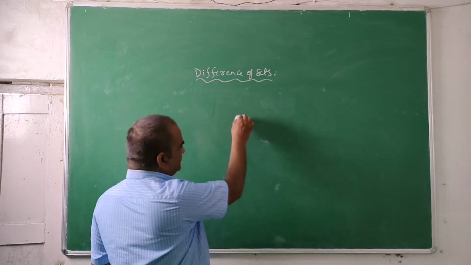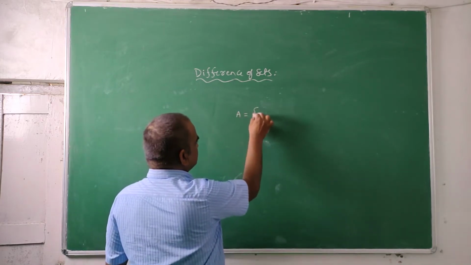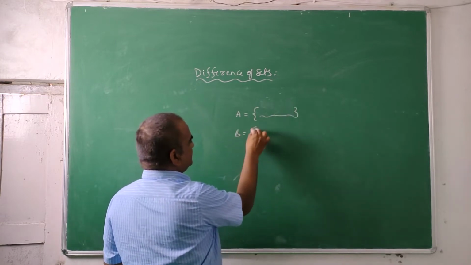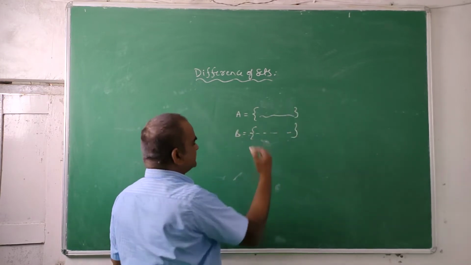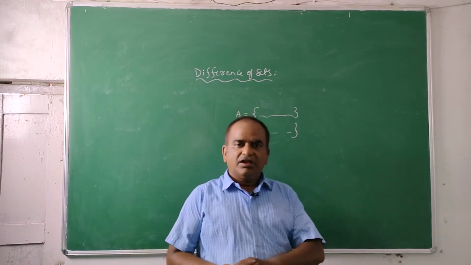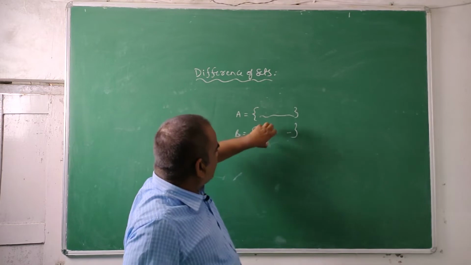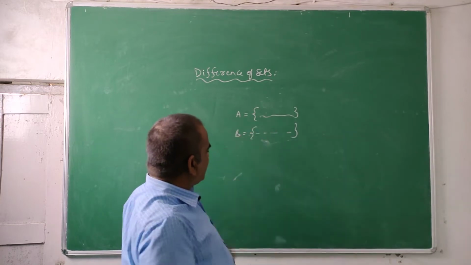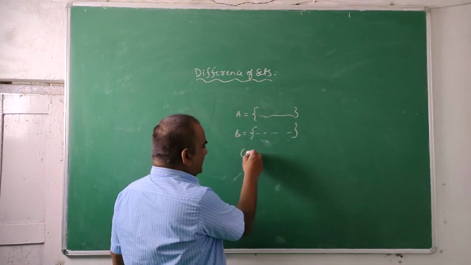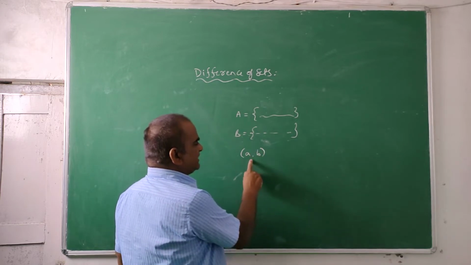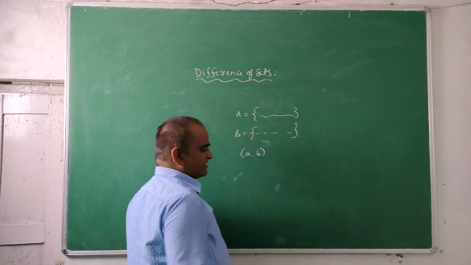There is a set A with some elements in it. There is another set B with some elements in it. Now, if you collect one element from set A and one element from set B, and if you make an arrangement of those two things in an order, then it is called an ordered pair.